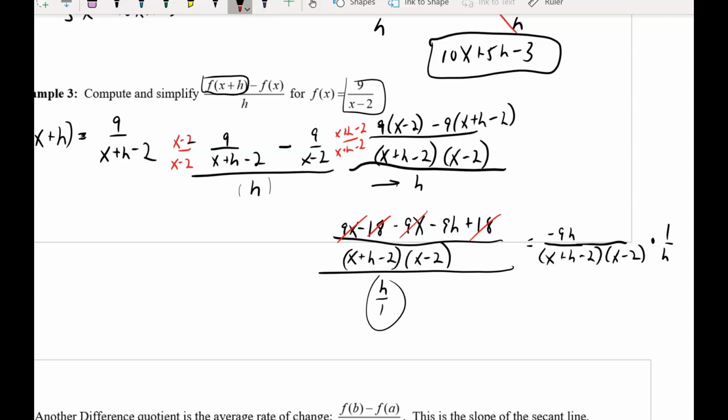What happens? This h cancels with this h, and we just get our final answer, negative 9 over x plus h minus 2 times x minus 2.